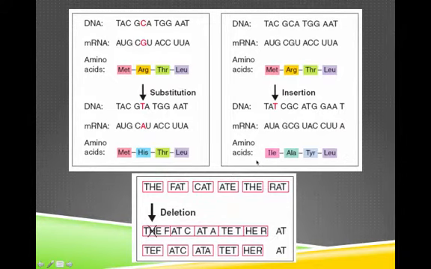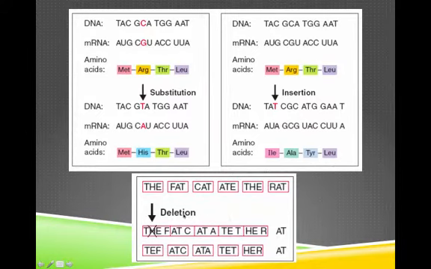Not one of the amino acids remains the same. So I went from methionine, arginine, threonine, leucine to isoleucine, alanine, tyrosine, and leucine. This is going to cause a much bigger change in the expression of our traits.